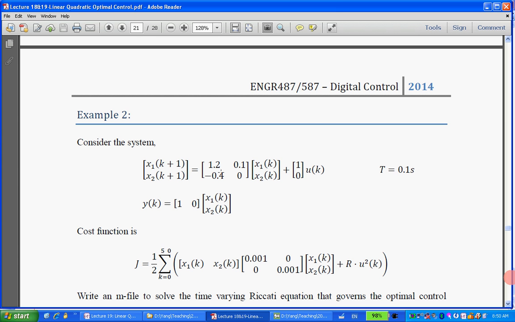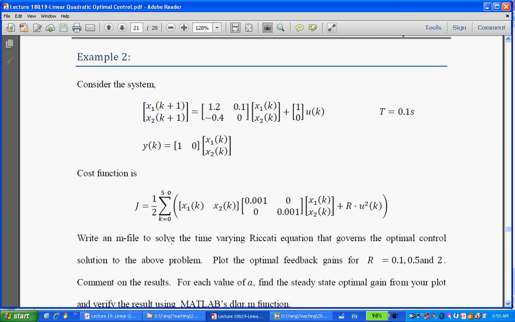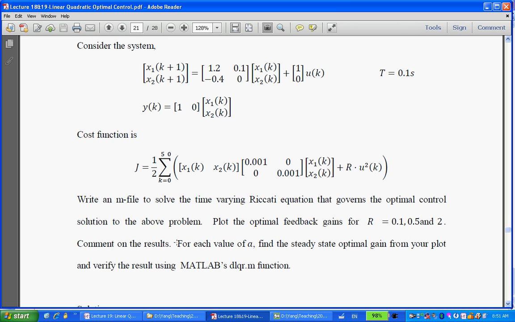The system order is 2, and the cost function here goes to 50. Okay, and what we want to do is check out the effect of the Q and R matrix.